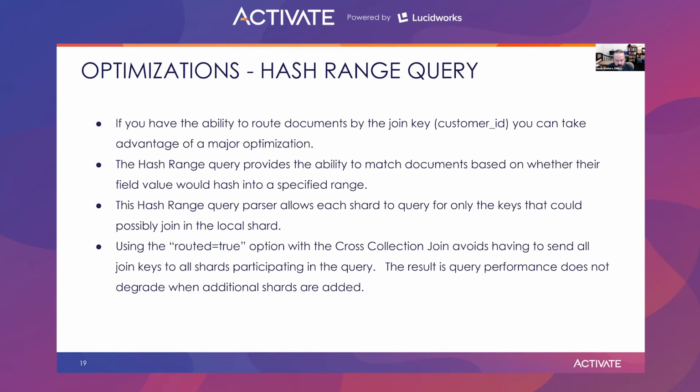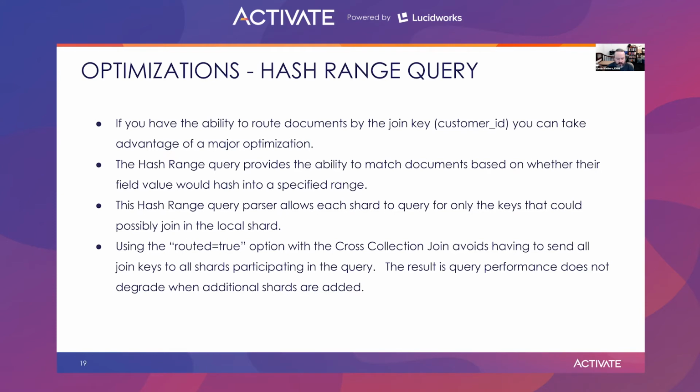If every shard had to fetch every single key from the remote collection, then the total number of keys exchanged over the network would be the total number of keys involved in the join times the number of shards. And that grows very quickly. It gets to the point where it'll just be a prohibitively large amount of data that needs to transfer over the network.